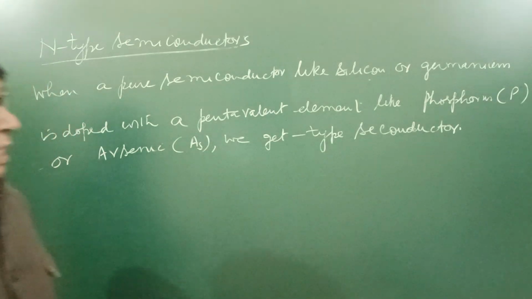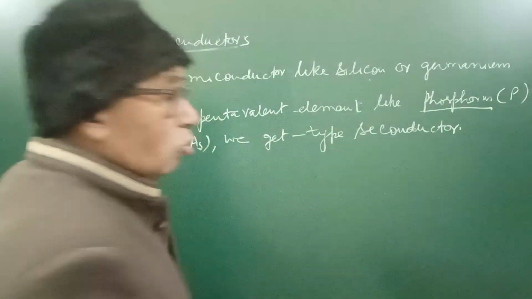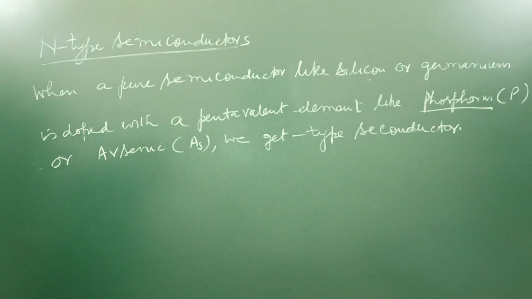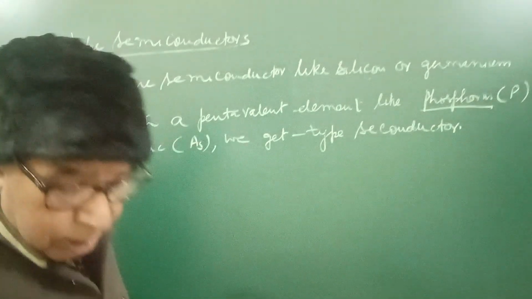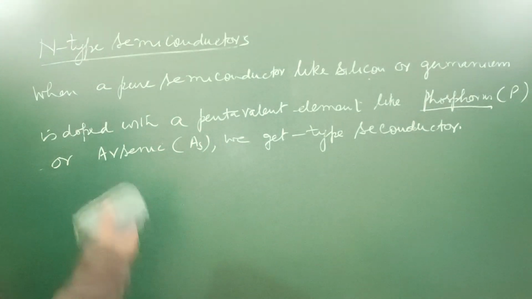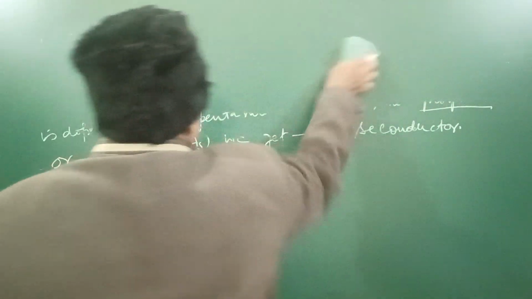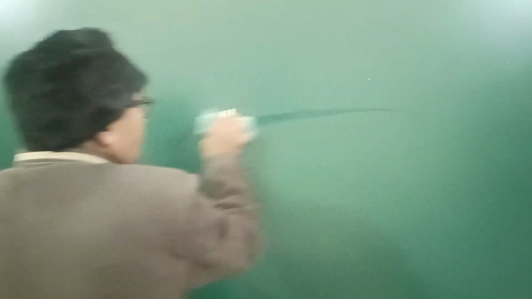Now the dopant concentration, how much mass of phosphorus should be added, depends upon our requirement, but their atoms per unit volume remain much less than that of the pure semiconductor. Now I will explain the conductivity of N-type semiconductor on the basis of covalent bonding as well as energy band diagram.